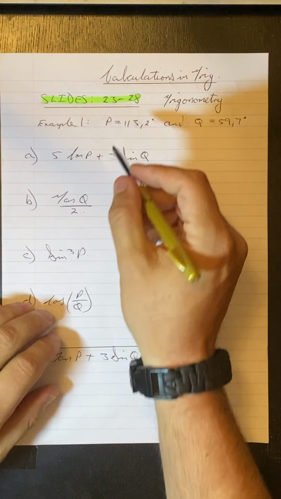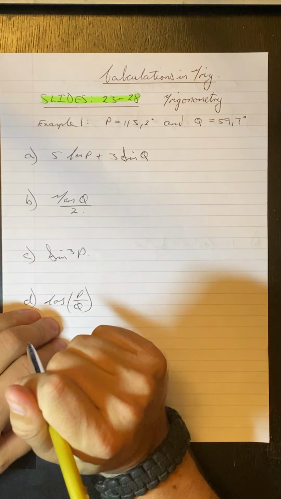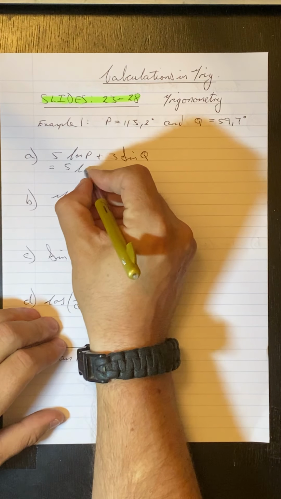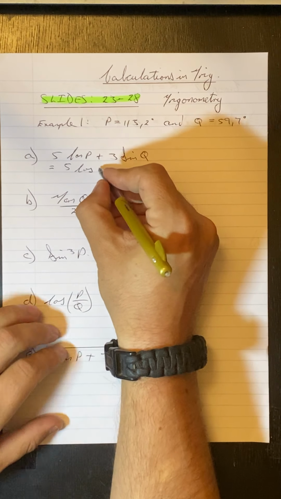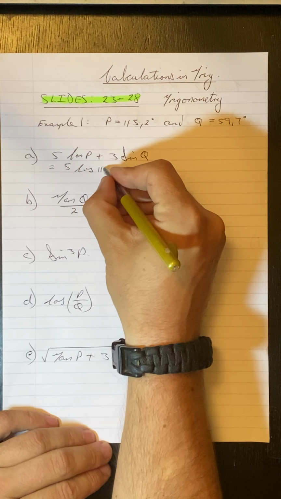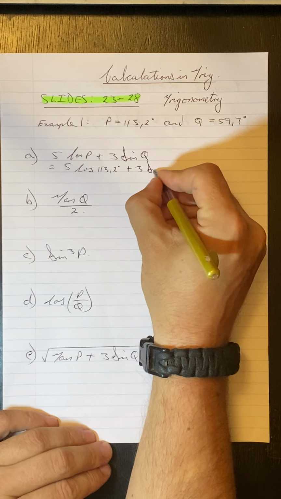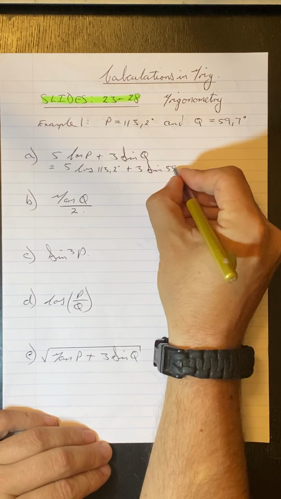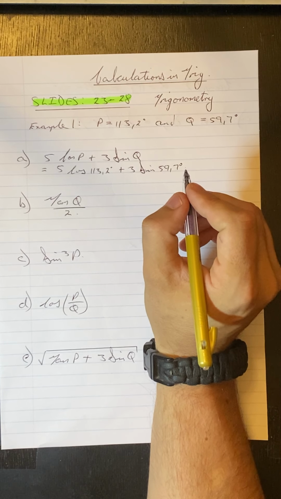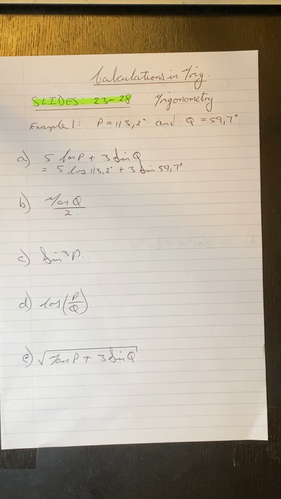Okay, so I'm just going to plug in these values wherever I see a P and a Q. So our first one would become 5 cos 113.2 degrees plus 3 sine 59.7 degrees. So what we do next is we just get our calculator.